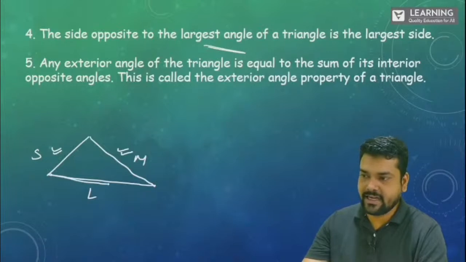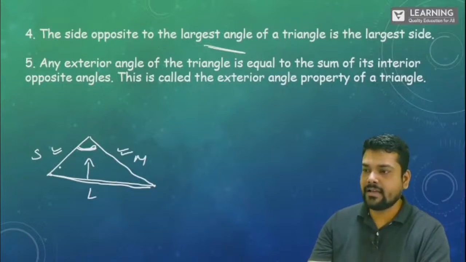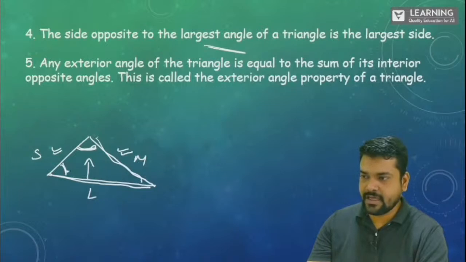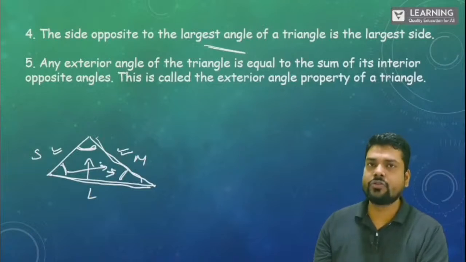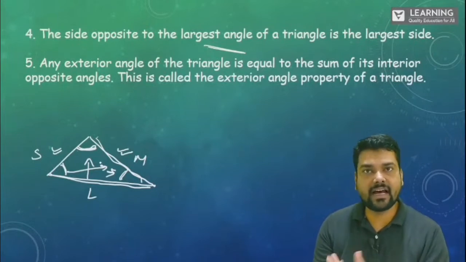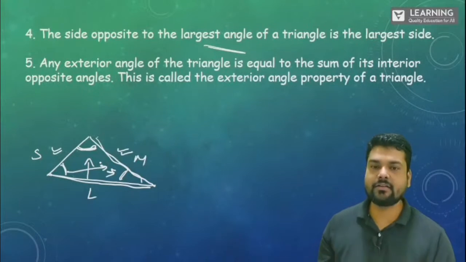So as this side is the largest one, this angle will be the greatest angle, just opposite to this particular side. If that is the medium one, this angle will be of medium size, and similarly that is the smallest side, so that is the smallest angle. So now you got it: the angle opposite to the longest side is the largest, and the angle opposite to the shortest side is the smallest. So that is the concept.